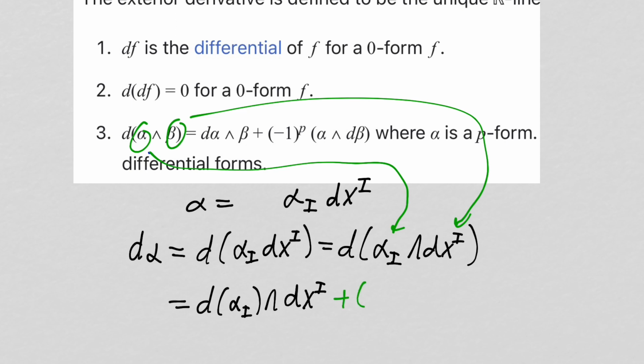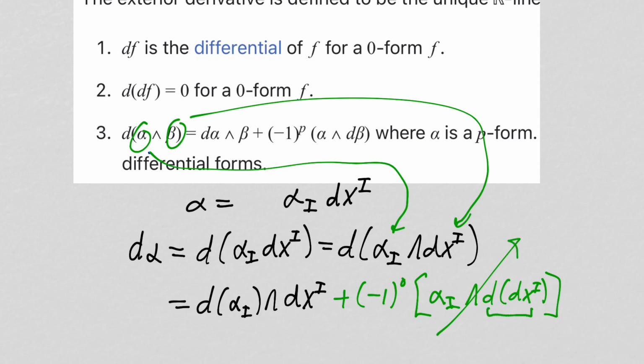This becomes plus or minus 1 to the p, where p is the grade of alpha, which in our case is 0. So minus 1 to the 0 will be 1. And then you have alpha_I wedge d of beta, but that's d of dx^I. And as before, this goes to 0 because you have the exterior derivative of something that's already an exterior derivative. That's based on this principle.